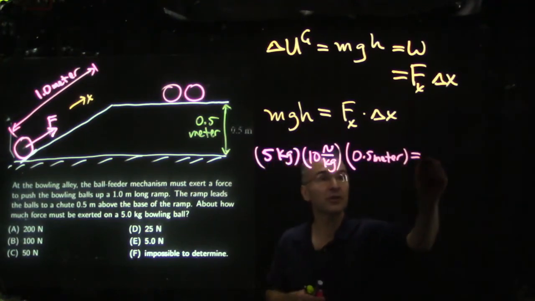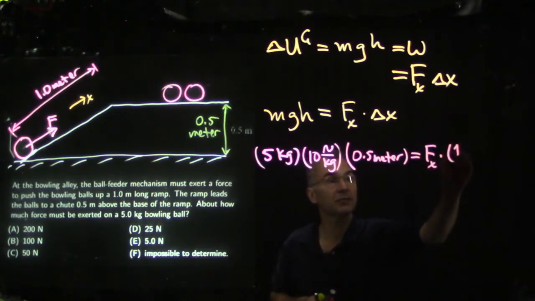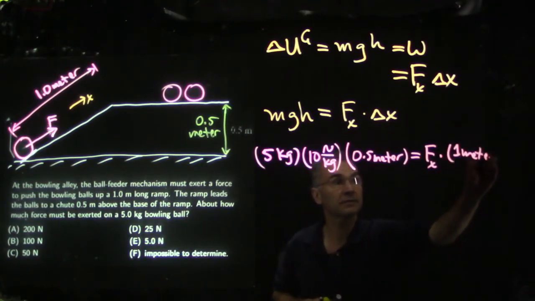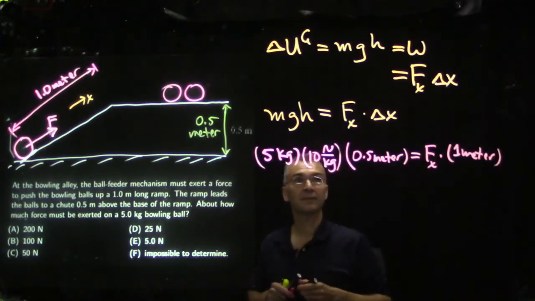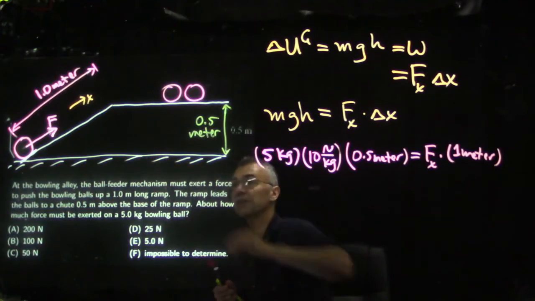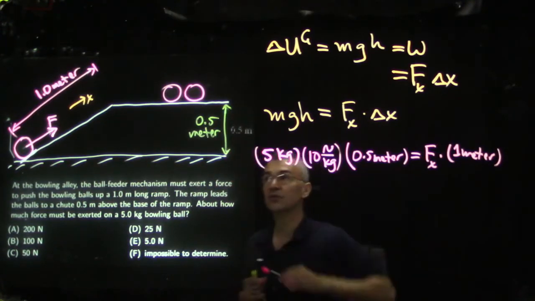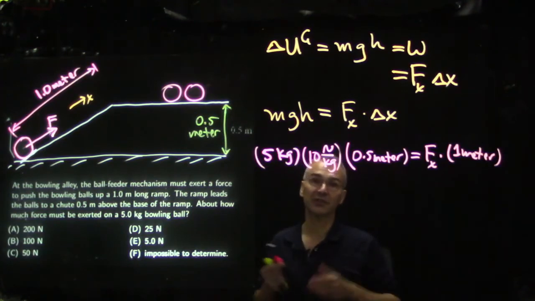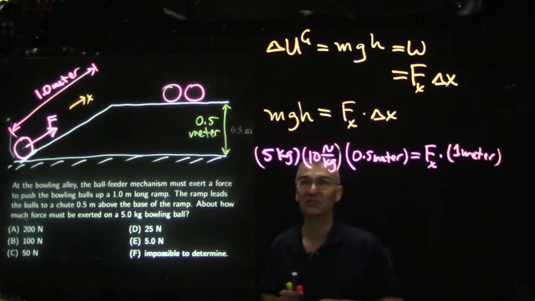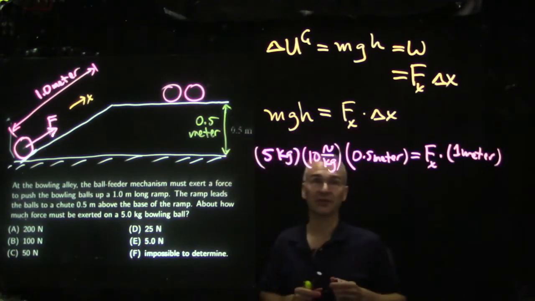And that is going to equal this unknown force times 1 meter. Because, see, we're pushing diagonally 1 meter with some unknown force, and the result will be that we increase the ball's gravitational potential energy, the gravitational potential energy of the ball Earth system, by mg times a 1/2 meter.